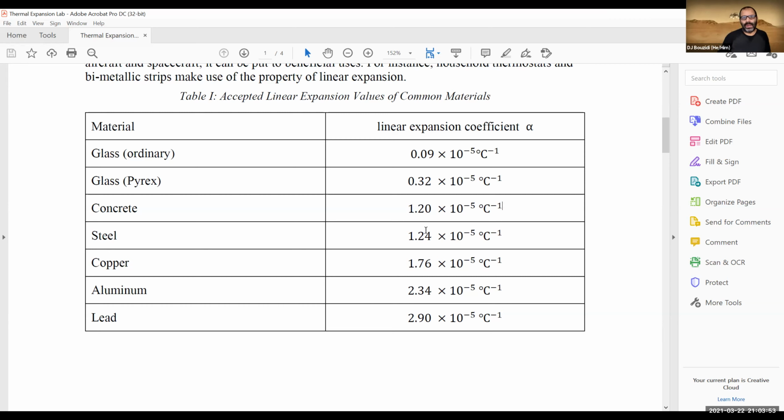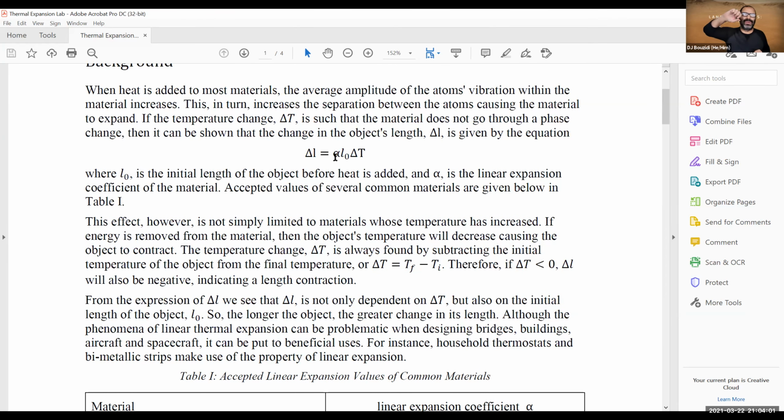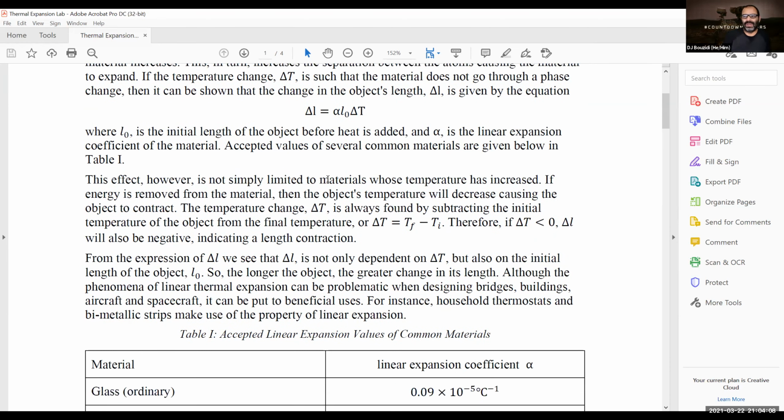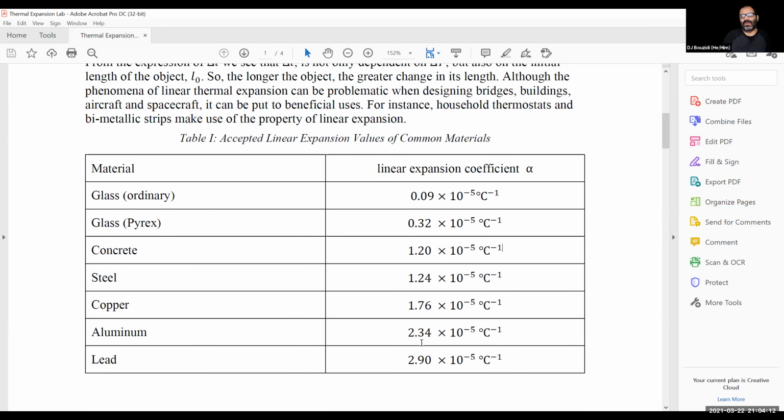If you put, for example, aluminum 2.34 or lead 2.9, then it has a higher coefficient of expansion, so it's going to push against the concrete, and that is not good. You don't want any deformities coming from the material.